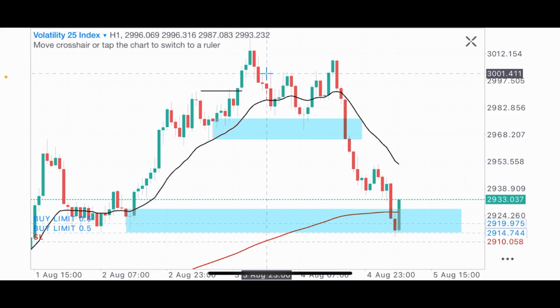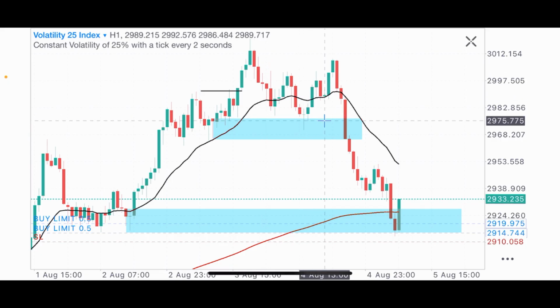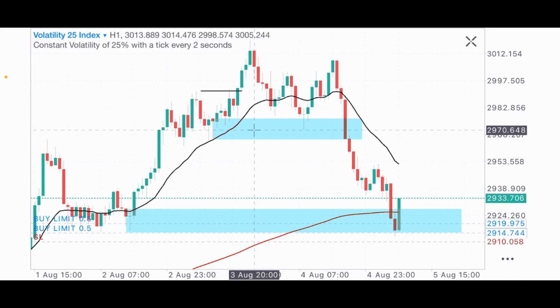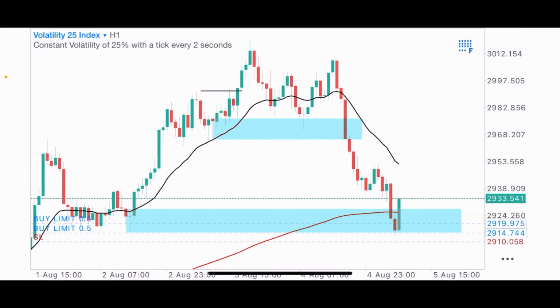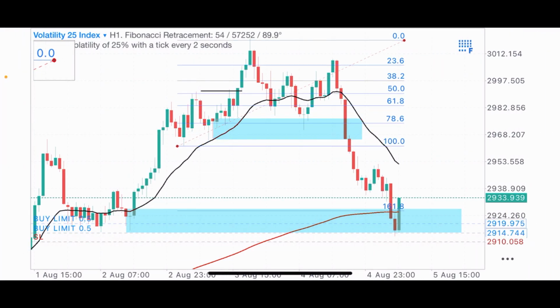When price retraces back to this zone, you can't just take your buy blindly. You use another confirmation tool, and I use my Fibonacci retracement tool. So draw your Fibonacci, connecting the high and low.